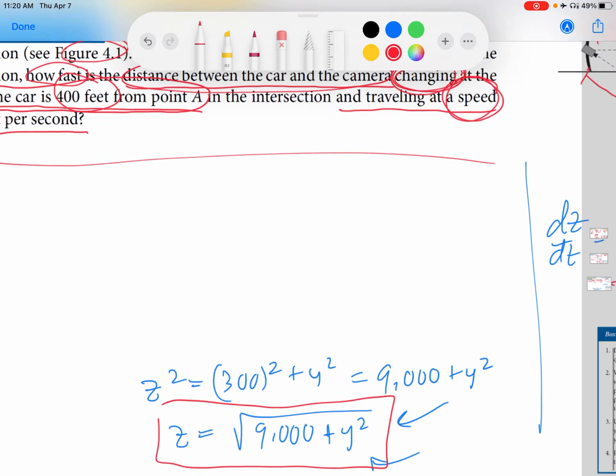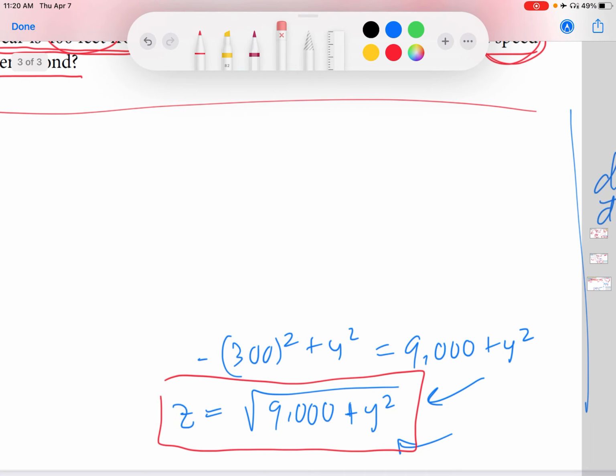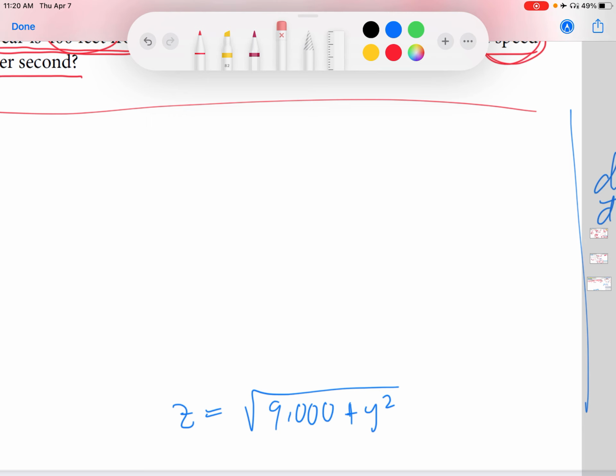So dz dy, what is the differentiation rule that we're going to use? Well, z is the square root of 9,000 plus y squared. Y squared is therefore sandwiched under the square root, so we're going to need a chain rule. So z is 9,000 plus y squared raised to the 1/2.